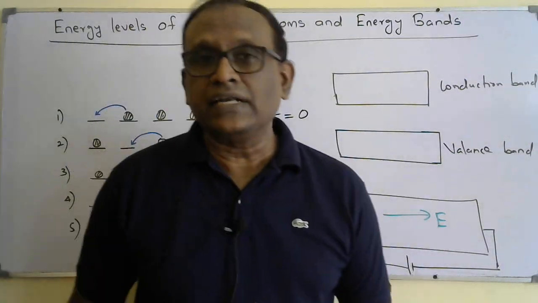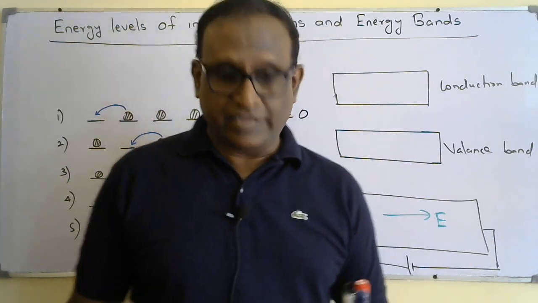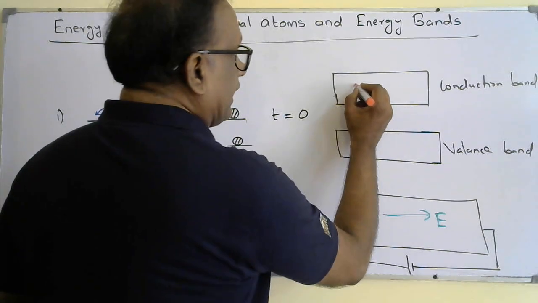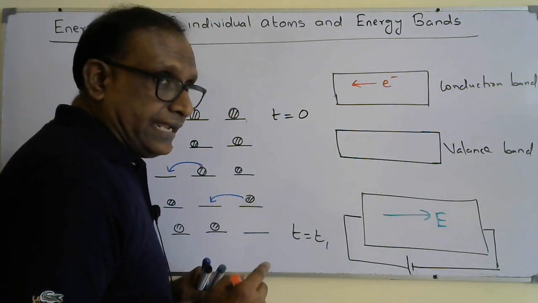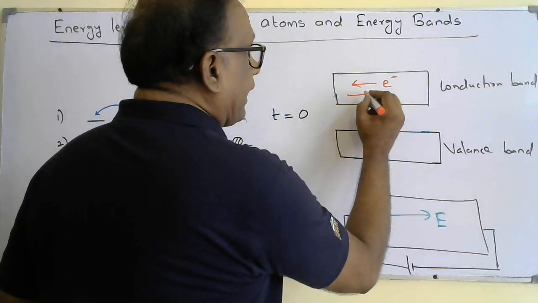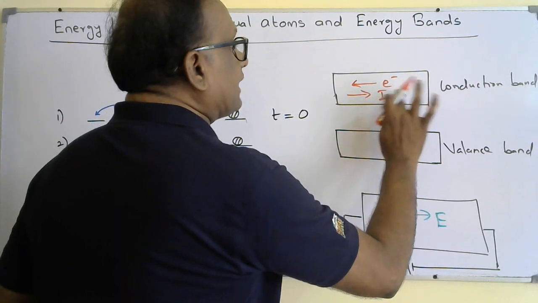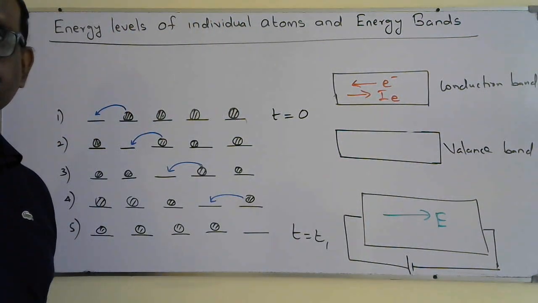We learned in A level that under an electric field, negative particles always move opposite to the direction of field lines. So the electrons will move towards left. That means current flow in the conduction band will be towards right. Due to the flow of conduction electrons, the current flow will be towards right.